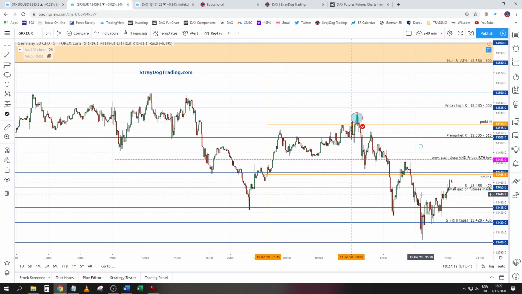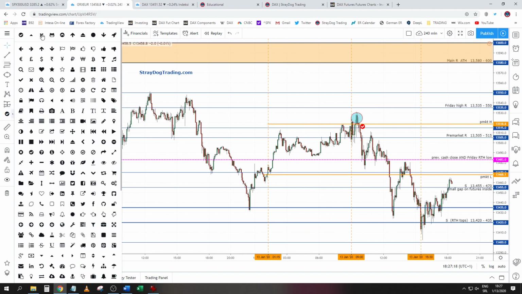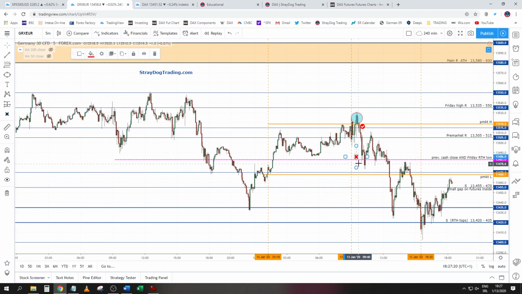In that case, that means likely we are not going to overstay in these kinds of shorts. Now, so these are going to be our exits, like here, front running this zone, front running pre-market low.